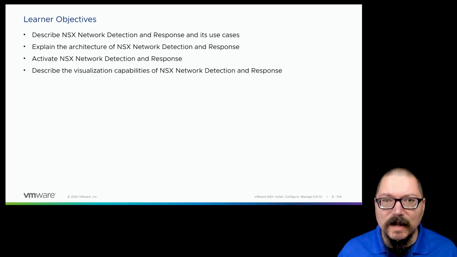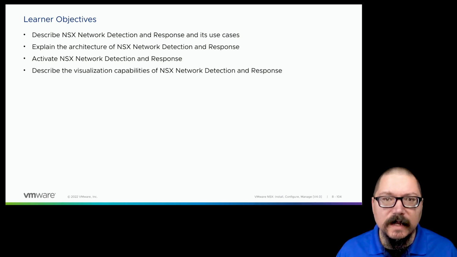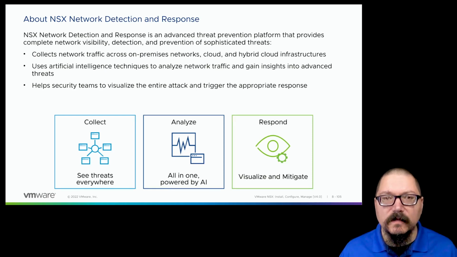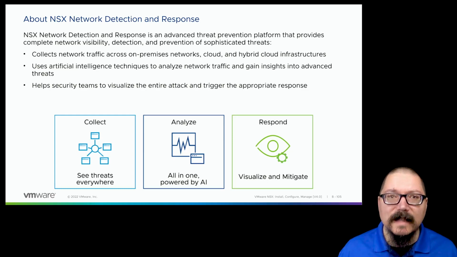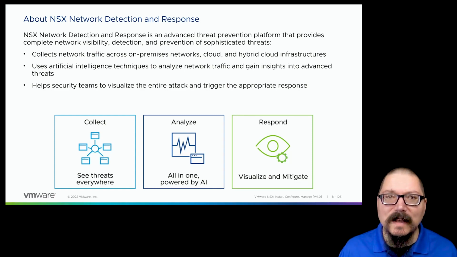So NDR, or network detection and response, we shorten it to NDR in a lot of cases, is a really neat service that allows us to take all of these inputs, from the IDS, from malware, from intelligence, all of these different things, and analyze them together to identify adversarial campaigns and to see things that we might not otherwise notice.